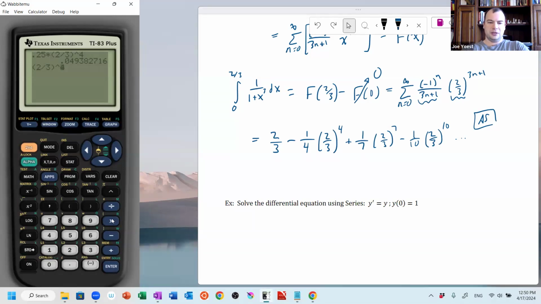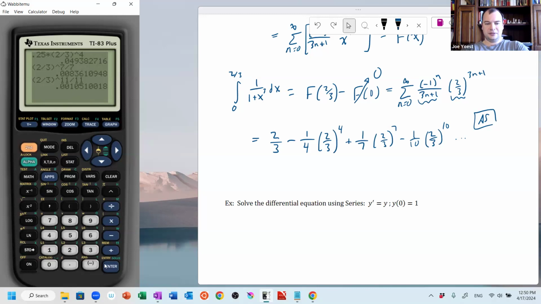If I did 2/3 to the 7 divided by 7, 0.008, so that's getting close. I think I need one more. 2/3 to the 11 over 11, and that should do it.